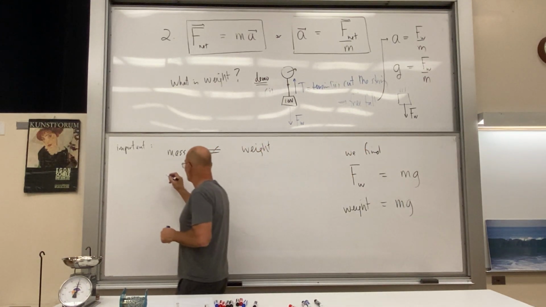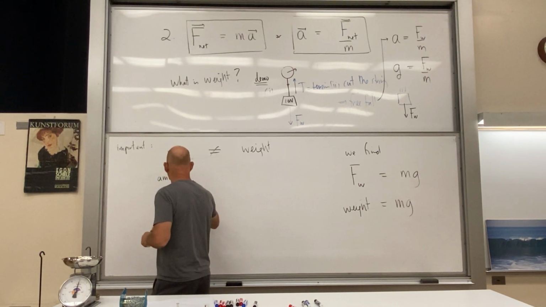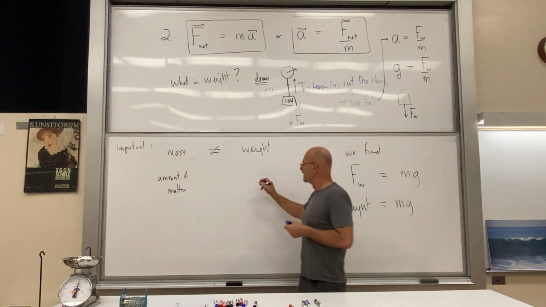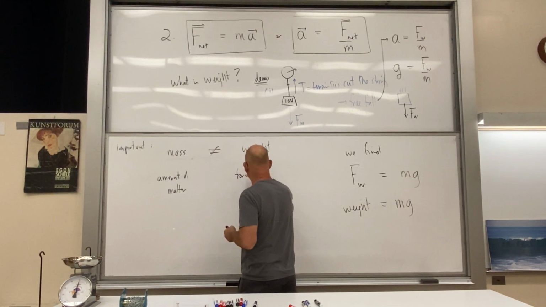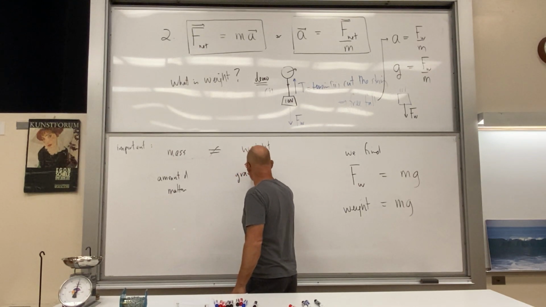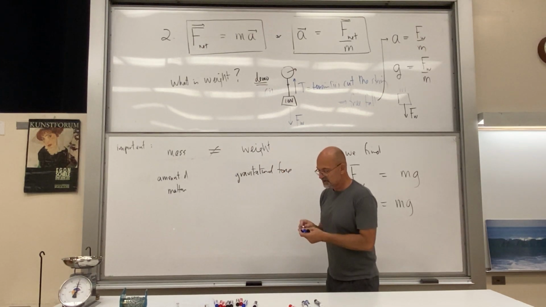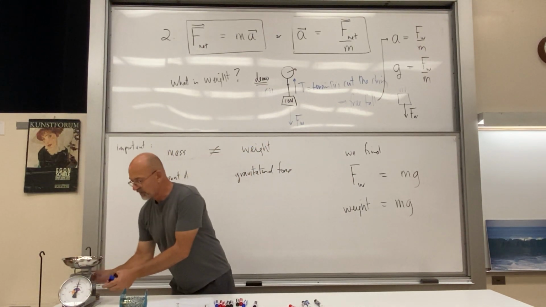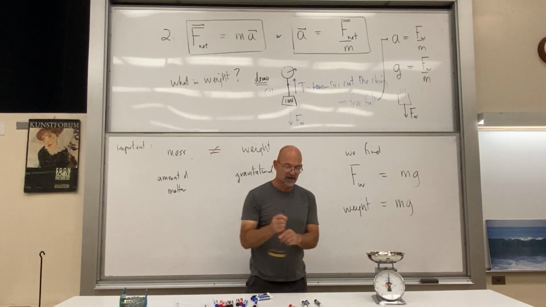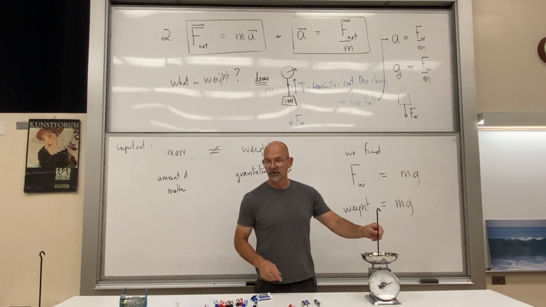Mass is the amount of matter, and weight is the gravitational force, the force due to gravity. To show you the difference, I'll bring out my scale, this chunk of metal, 10 newtons as usual, close to.